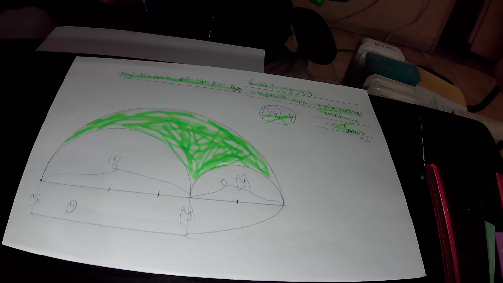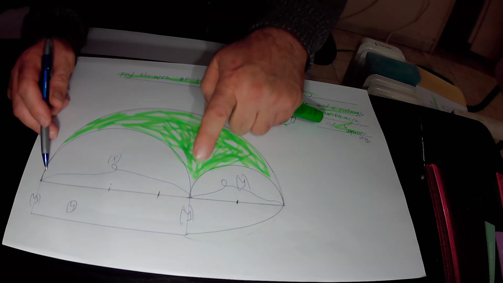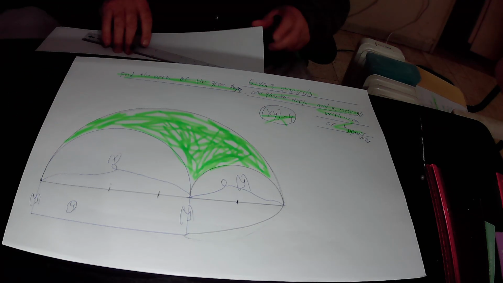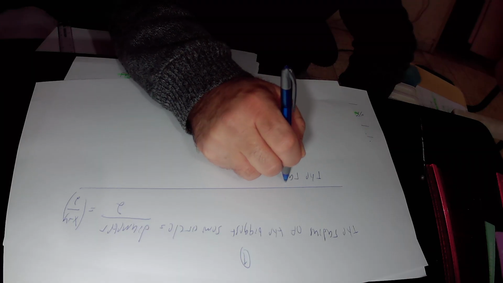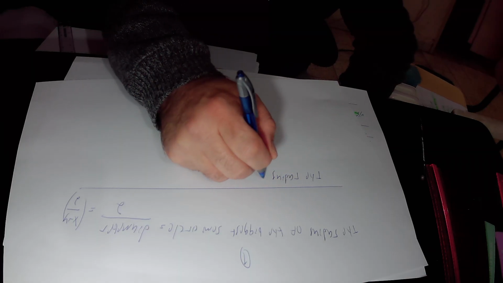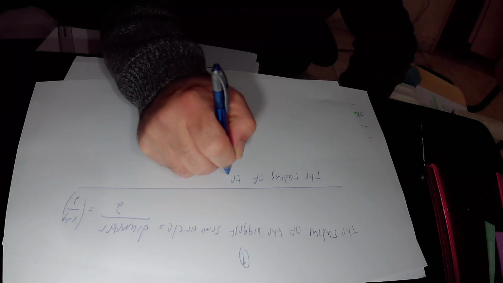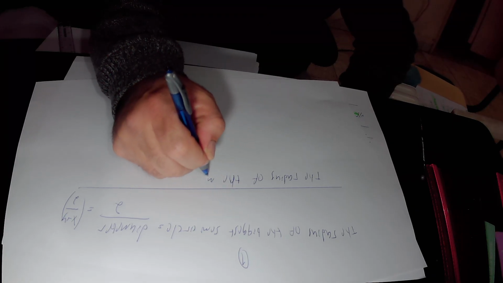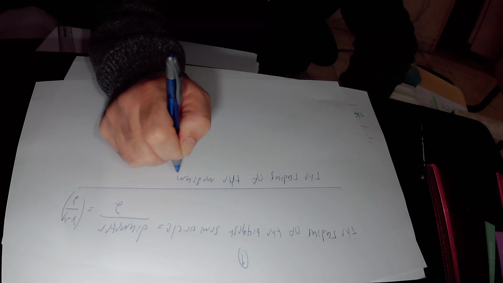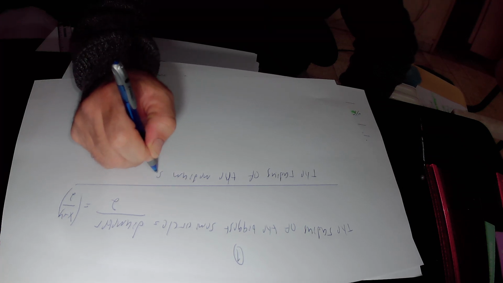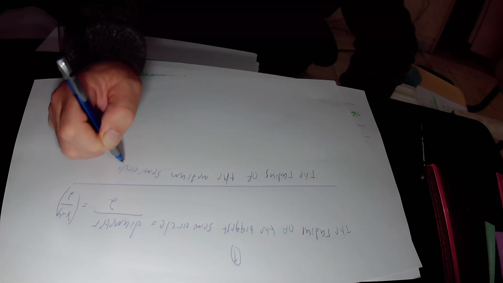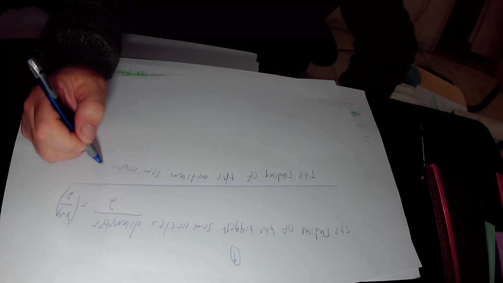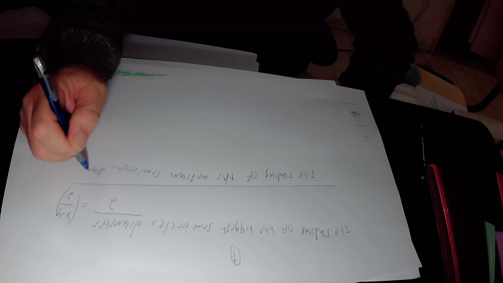Likewise, what is the radius of this medium semicircle? The radius of the medium semicircle equals the diameter of the medium semicircle over 2.